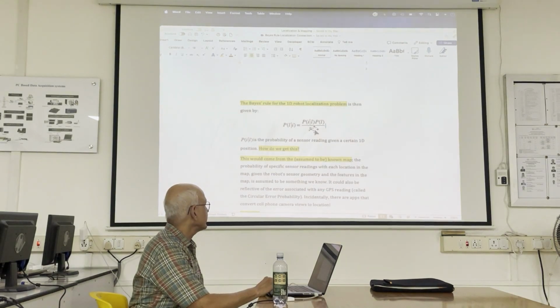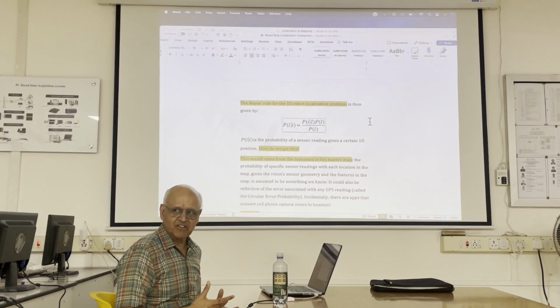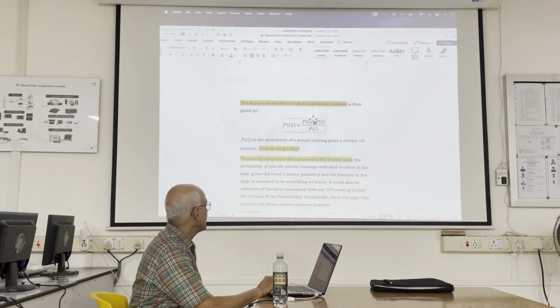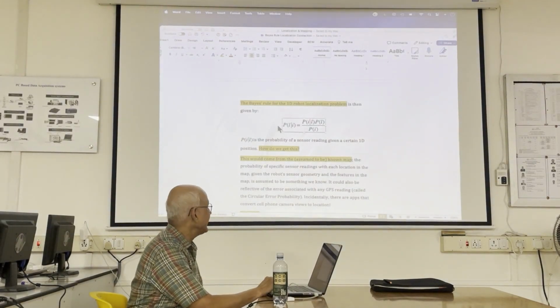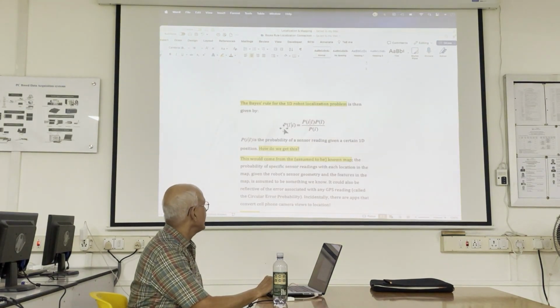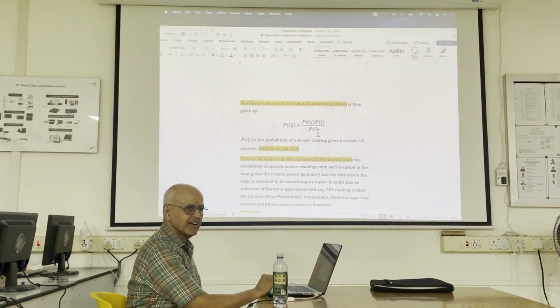Now this one is a mystery. How do you get the probability of the measurement? What does that mean, probability of the measurement? Well, it turns out you don't have to worry about it. You know why? Because if you're doing discrete, the left-hand side is a probability. If you evaluate P over all the i's, then you should get 1.